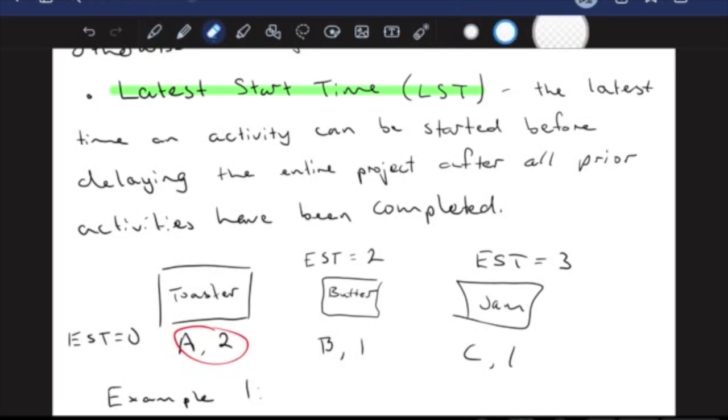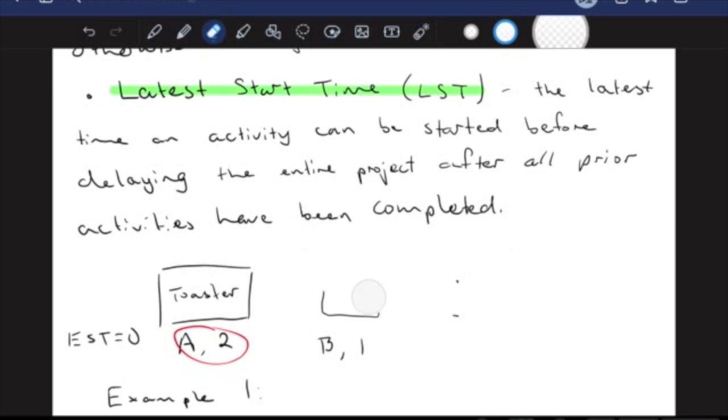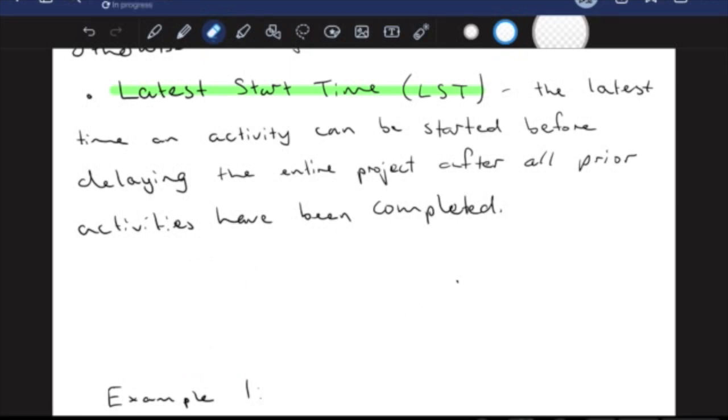Now let's look at our latest start time. Let's take an example. Imagine that you are on a building site, say a construction site, and you are a painter.